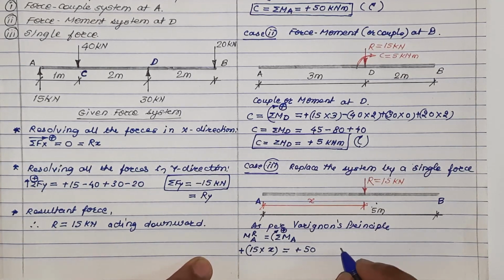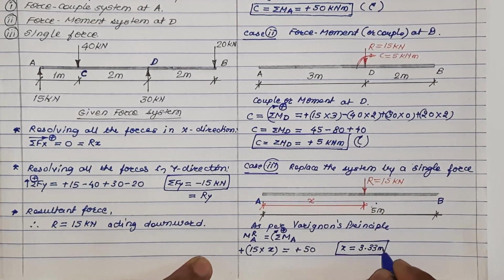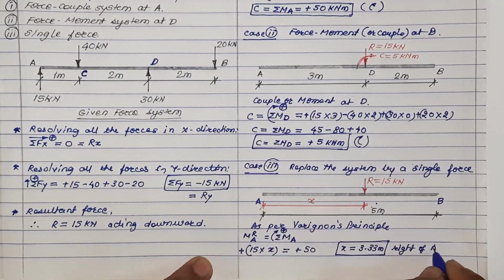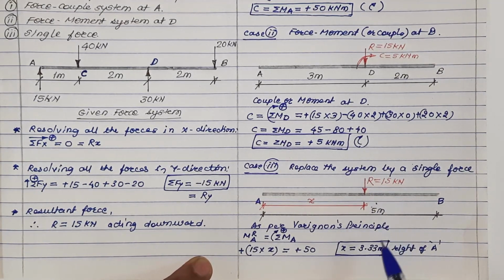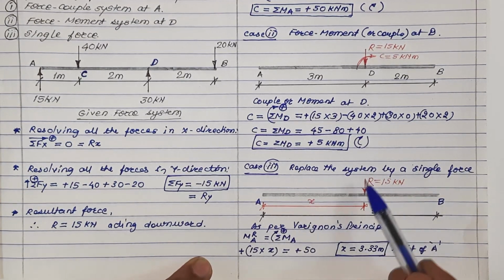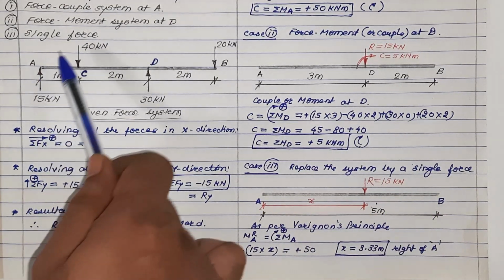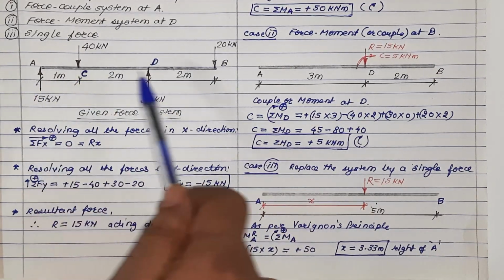Solving this, we will get the distance x. It comes out to be 3.33 meter right of point A. That means if the resultant is placed at 3.33 meter distance right of point A, whatever effect this force is producing on this rod, the same will be the effect produced by these four forces together on this rod.